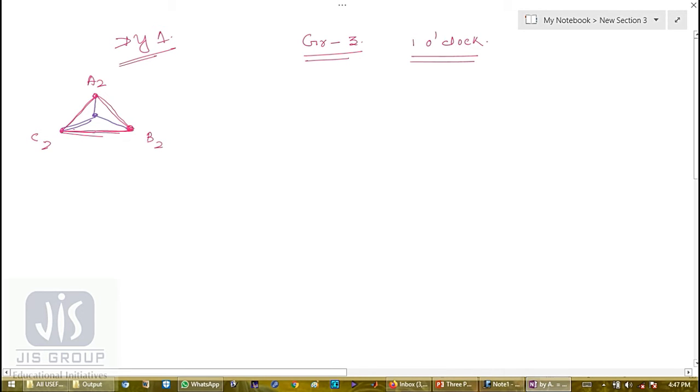Again A1, B1, C1 form the virtual neutral. So this is B2, so this is B1. This is A2, so this must be A1, and this is C2, so it will be C1. Let me quickly draw the high voltage side connection diagram.